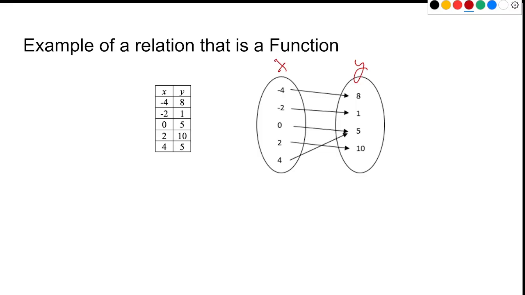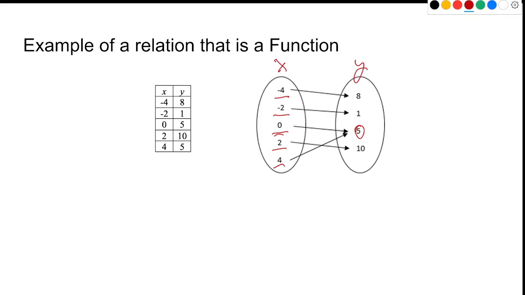That's the rule. 0 goes to 5 because 0 goes to 5. So this is a function. Each individual input value gets only one pathway, one mapping to the output. That's the only thing that matters. It is okay that the output of 5 is shared by two inputs. It's just that there is a one directional arrow from each of the inputs, only one of them.